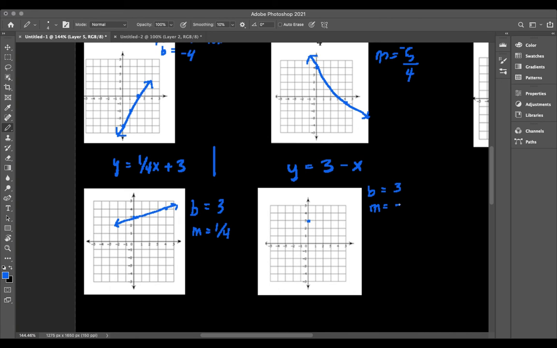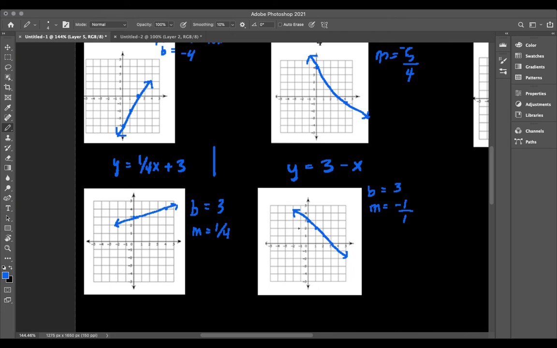So again, that would be -1 over 1. Okay, so now we got to go down 1 over 1. Same thing again, down 1 over 1. Down 1 over 1. You can make as many points as you want. I just made it to make it easy to make my line. But you can just make 2 and then just make your line. It'll work. Okay? And that's how it works for those kind of graphs.